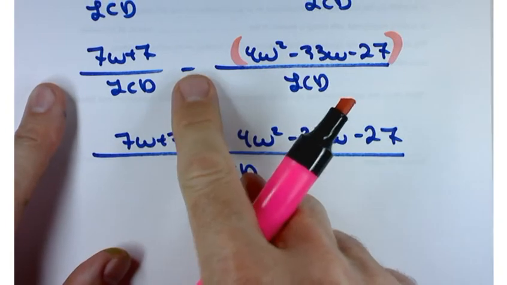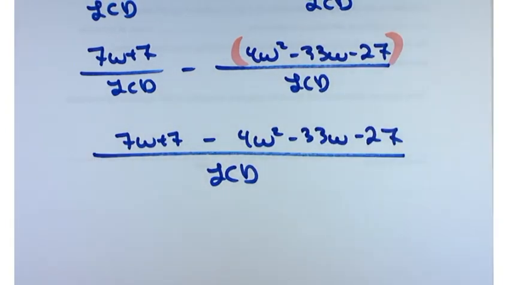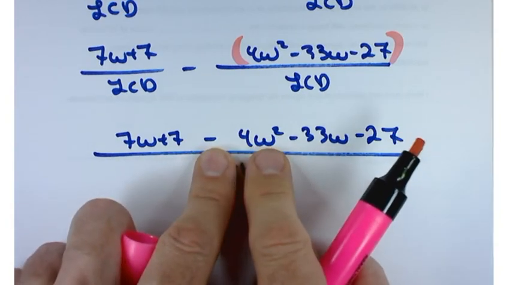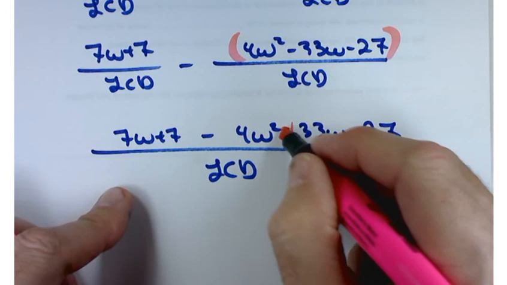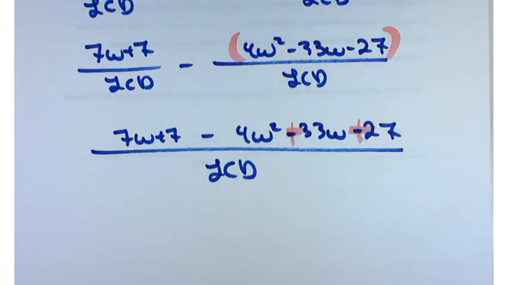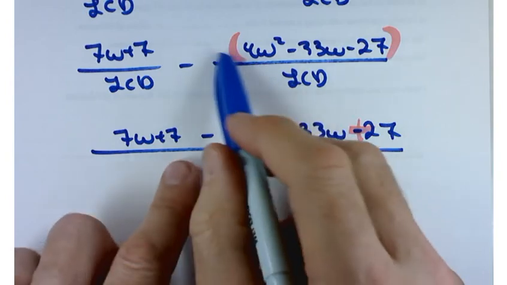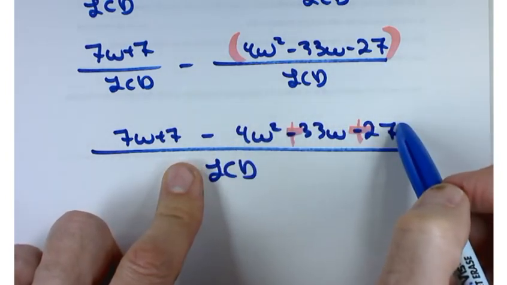So that negative has to distribute itself to all three of these terms. So the first one is negative, but the second one is positive, and so is the third one. Wow, that was weird. Okay, I've not seen it do that before. But did you see what happened here? Because you had to distribute that negative, it changed all of those signs.